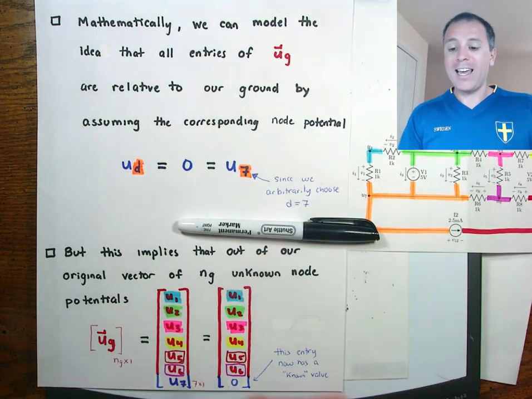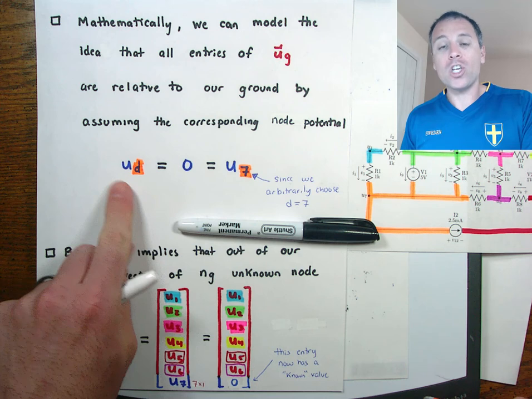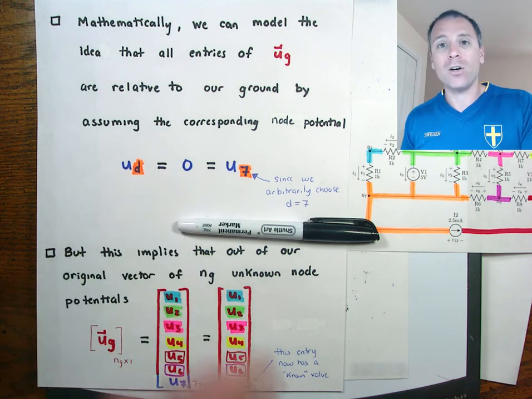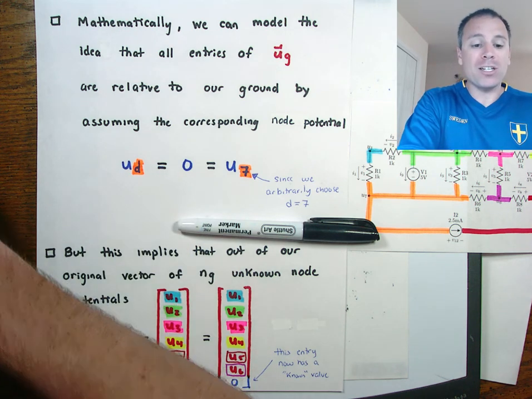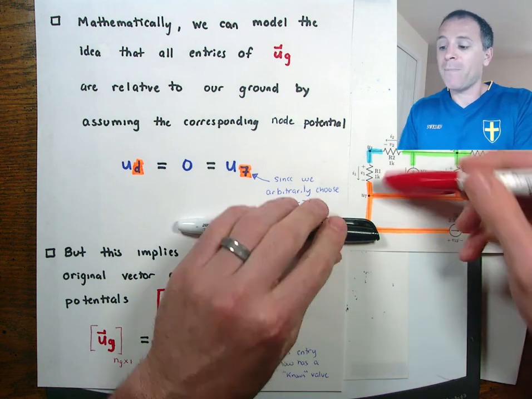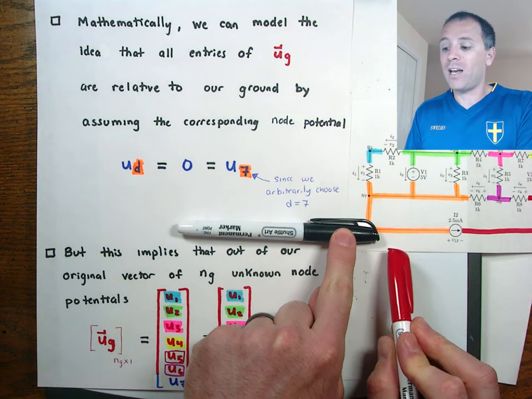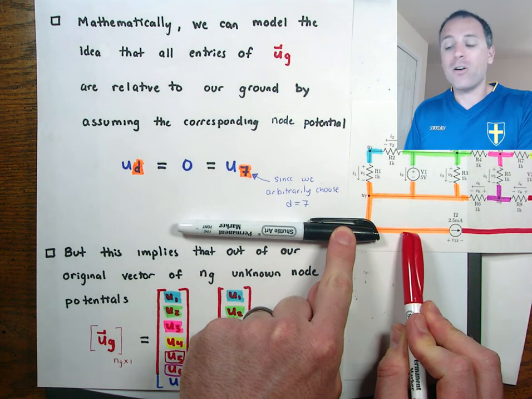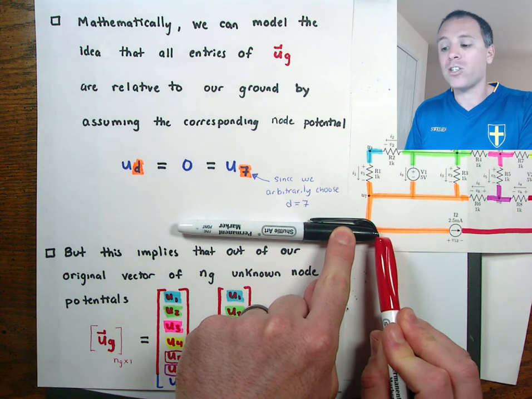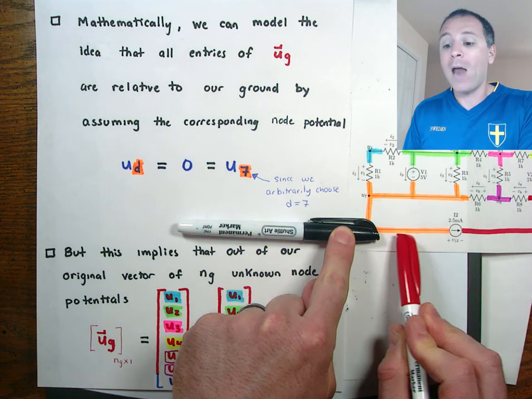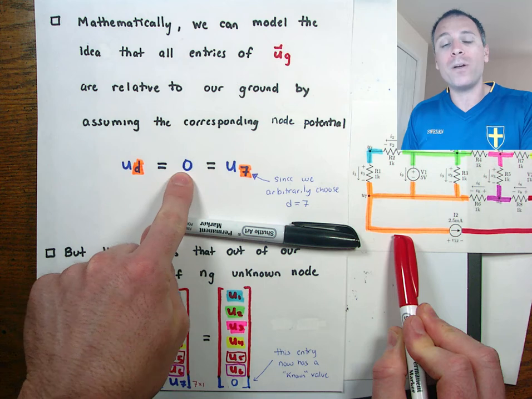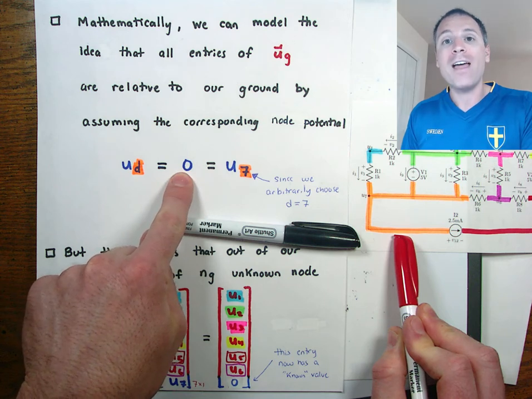And then we're going to say U sub 7, or U sub D, is equal to 0. If we were to actually measure this on the circuit, as mentioned previously, if I touch the negative lead to node 7 and the positive lead, there is no charge potential difference anywhere along that wire, and we'd get a physical node potential reference value of 0 volts.